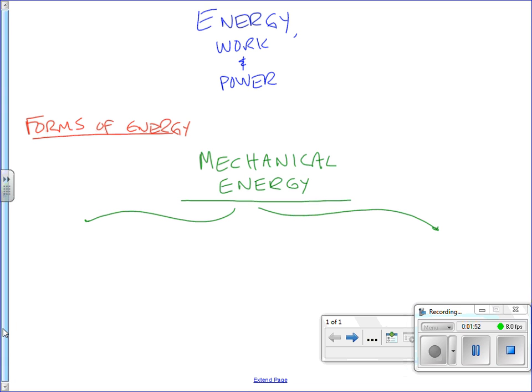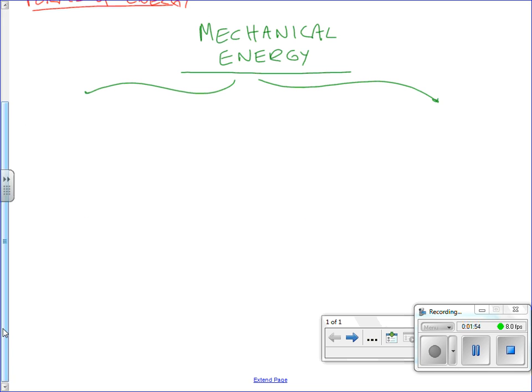All right, and those two main components, one's called kinetic energy. And the other is called potential energy. Right? Now, kinetic energy is about this. Kinetic usually refers to motion.